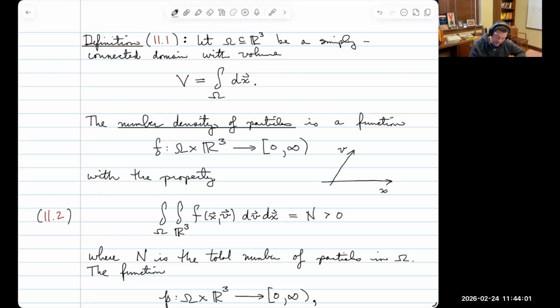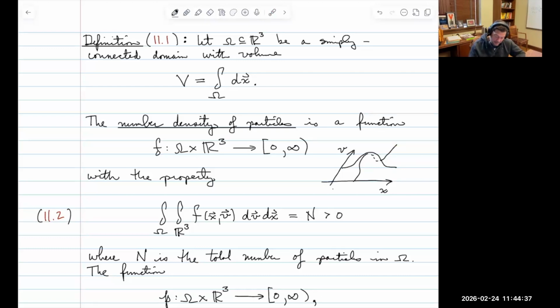And so this density is some function of phase space, something which looks like this. And if I integrate that function over all of phase space, I get the total number of particles. Now, I put a peak here in the middle of this domain. So that means there are a lot of particles there, and in other parts of the domain, there are relatively few particles.